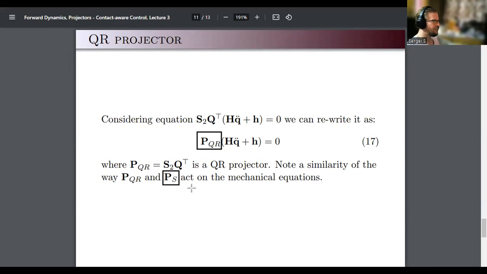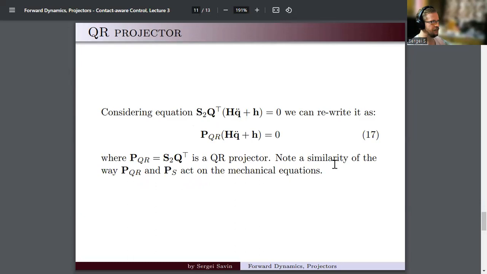So it's a very strong result. It's an analytic proof that you can interchangeably use those two projectors for inverse dynamics. But that is for walking robots, so I would want to double check before I use it for arbitrary systems.